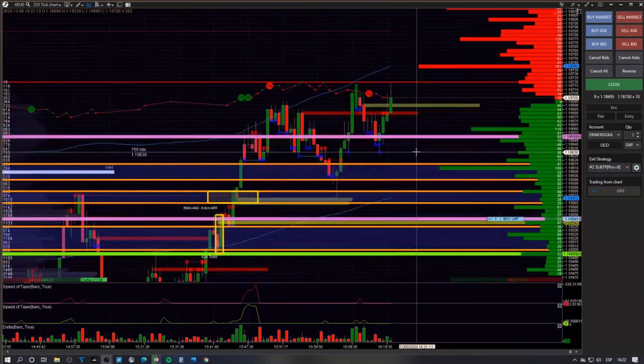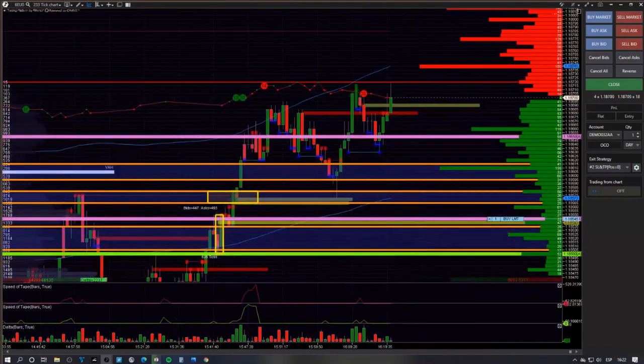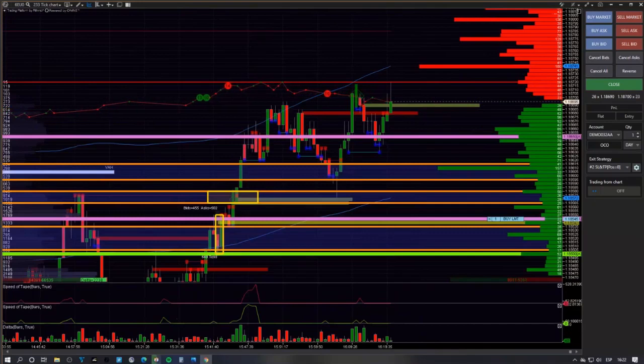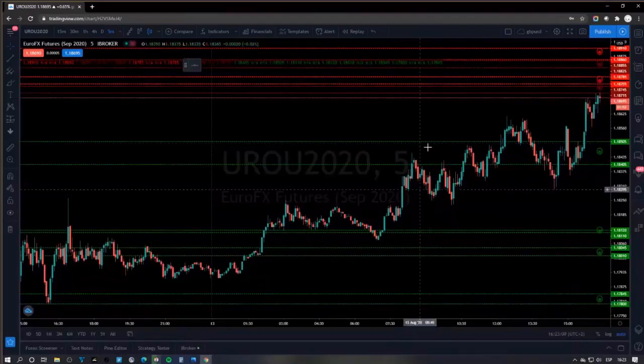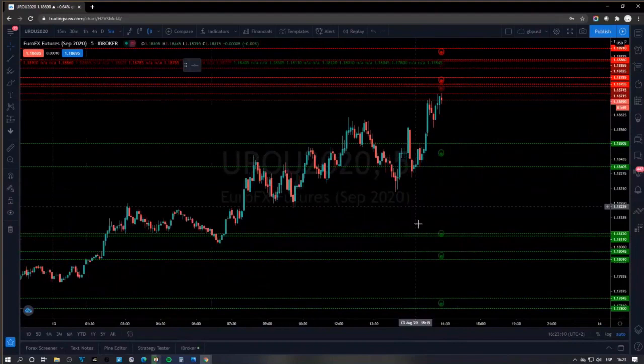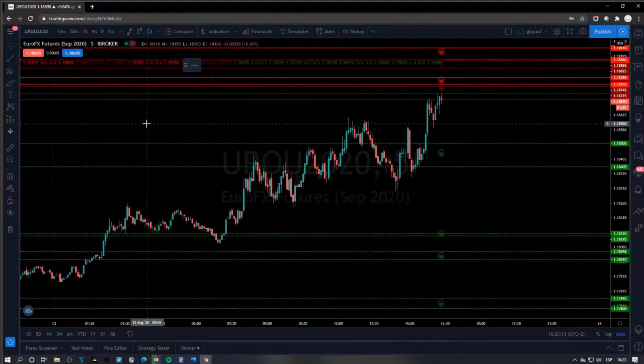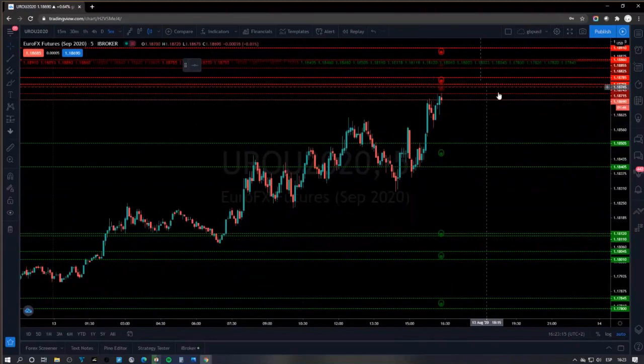It's a little bit more complex, of course, but we can have something similar by looking at the UFOs. I'm going to go with the euro as well. Here's the euro. This is TradingView. I have the Trade with UFO indicator.